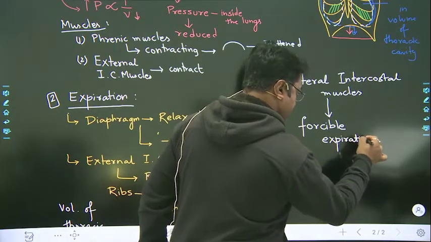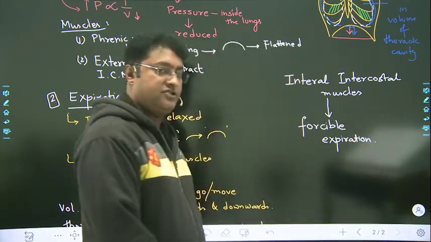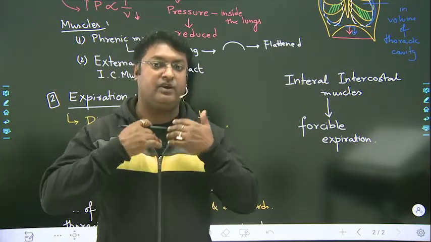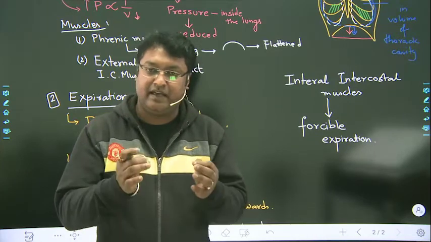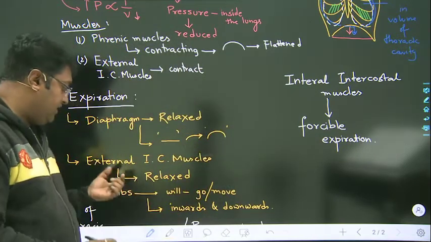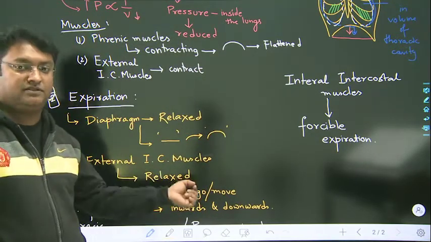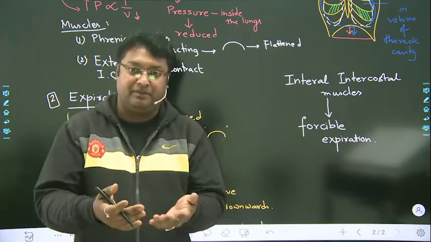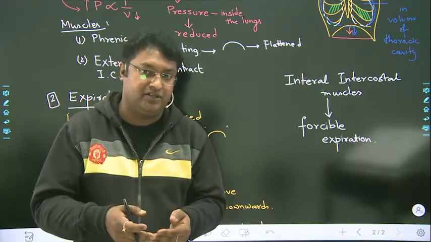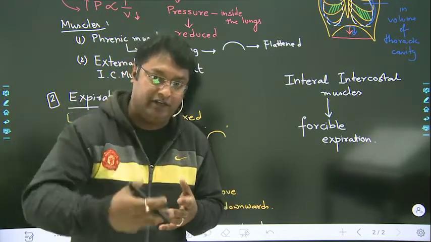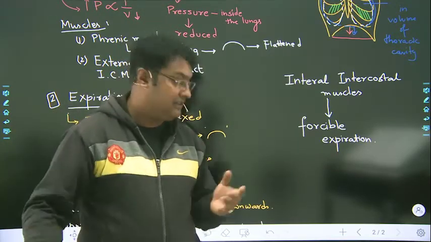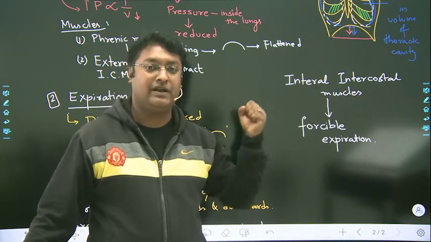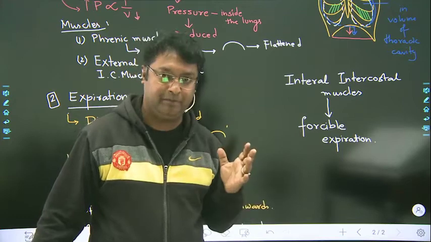Clear? This is the normal expiration when we release the gas. Then it is only the working of your external intercostal muscles which is taking place. But when we forcefully release the air after the normal expiration, then the internal intercostal muscles will come into play.